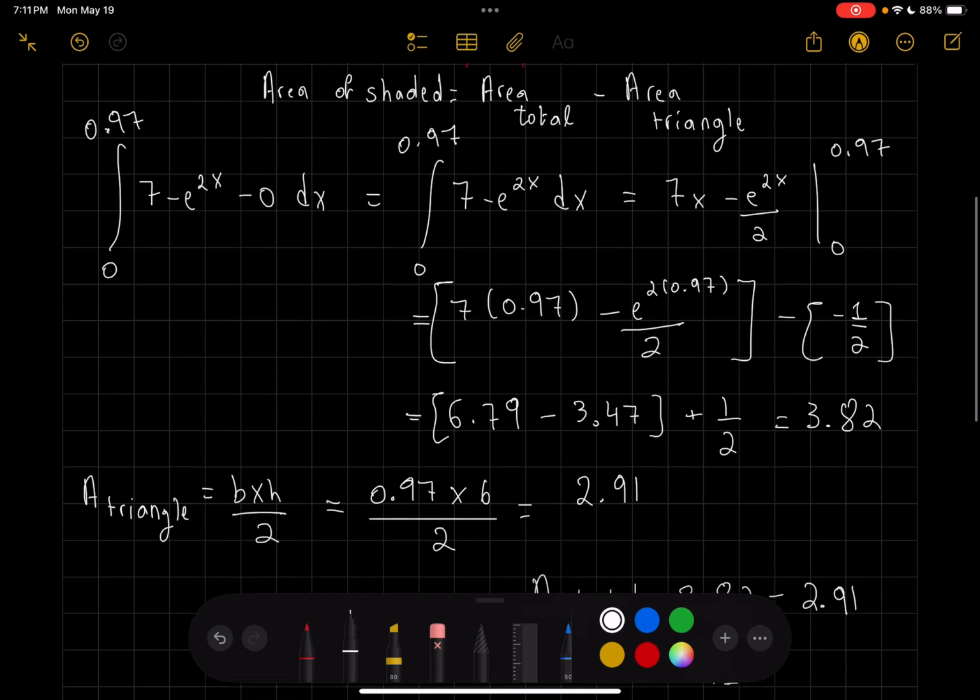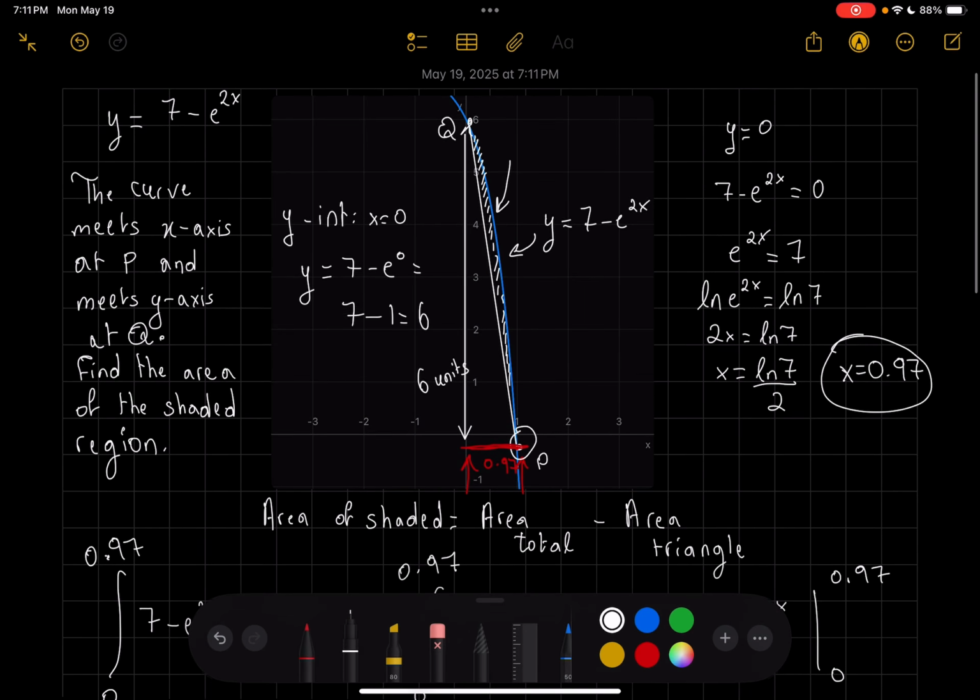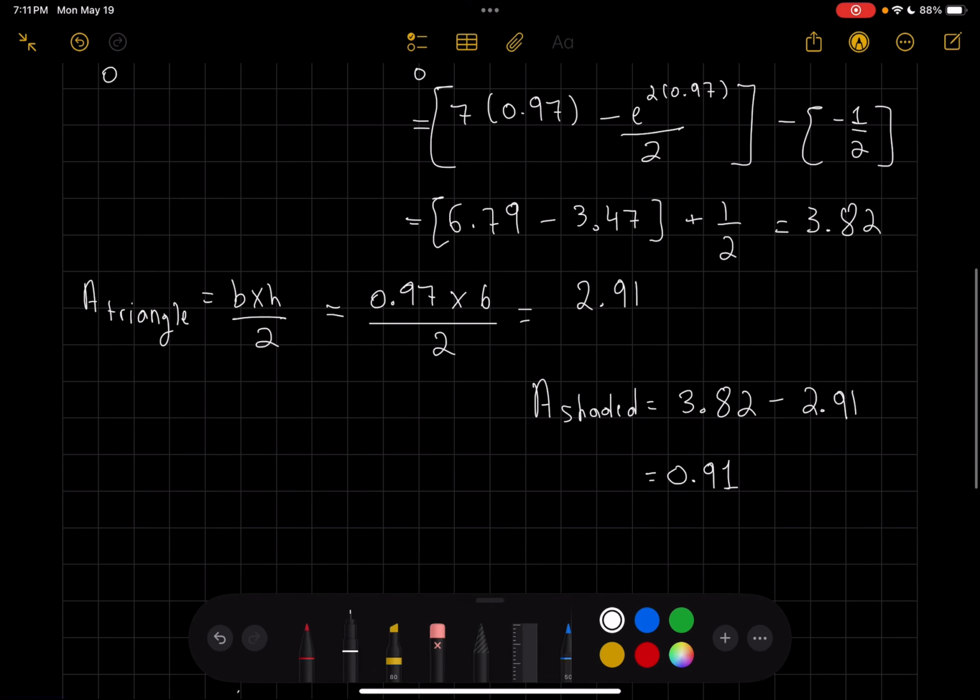Now obviously, some people might use ln 7 over 2 exactly, which is 0.972955. So if the person uses this value exactly, he or she might get a number similar to 0.91. Maybe they will get 0.90, maybe they will get 0.89. But if it's very, very close to 0.91, it's totally fine. It's totally correct.